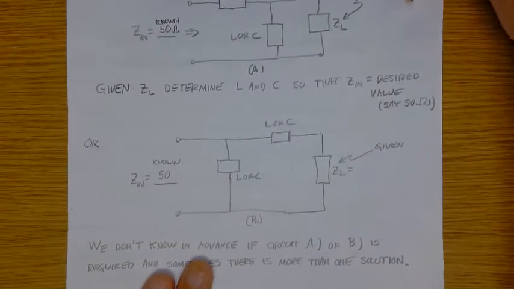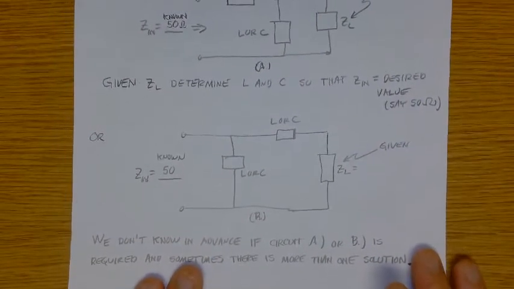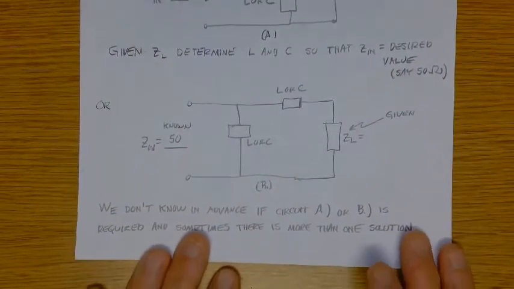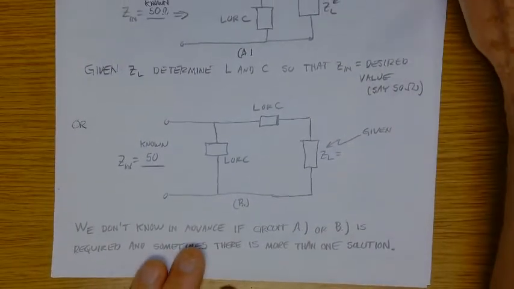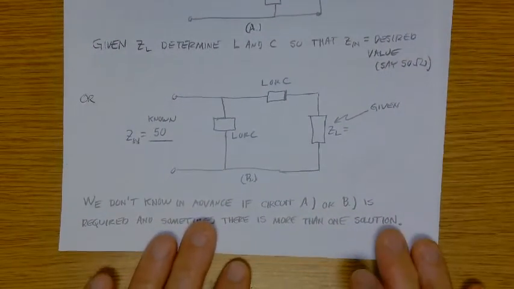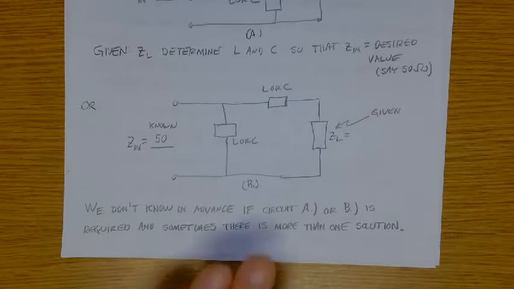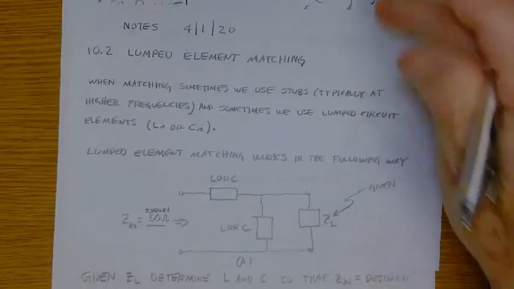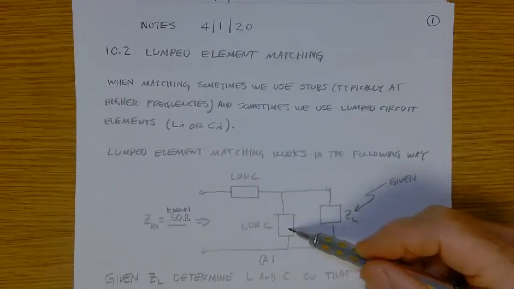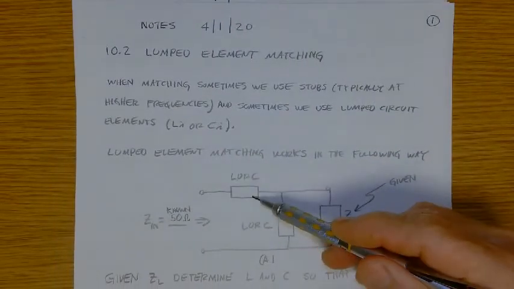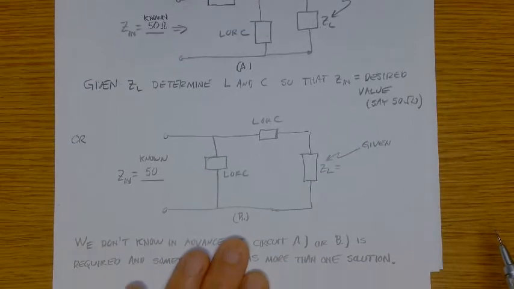I'll try to keep this clear. Sometimes I look back at the videos and see that I've not done a thorough job of getting the sheet where you can see what I'm speaking to. So here, we led with a shunt element and followed with a series element.